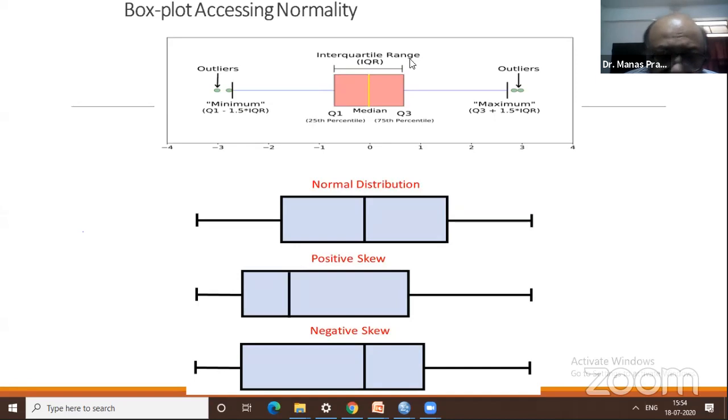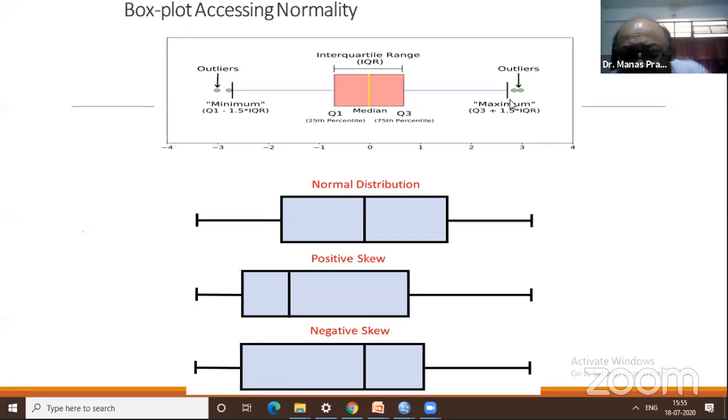Then again, the upper one is Q3 plus 1.5 IQR. IQR is the interquartile range, which means Q3 minus Q1, that means this area.